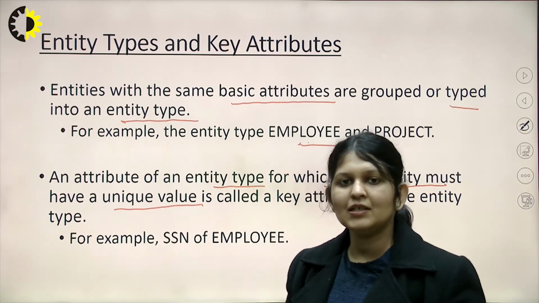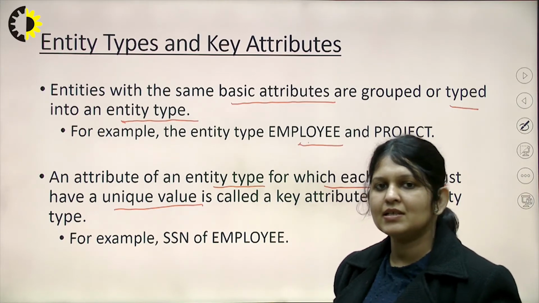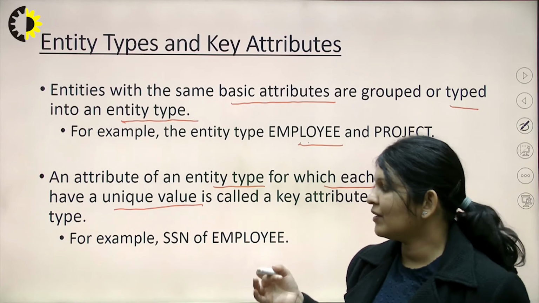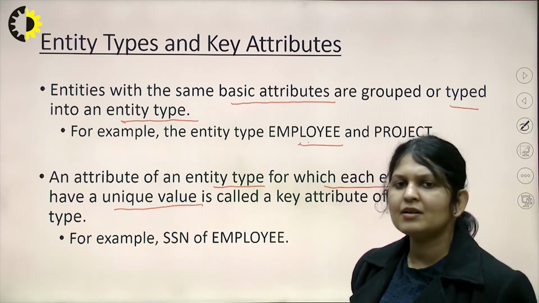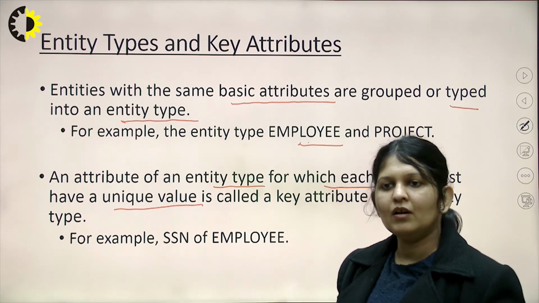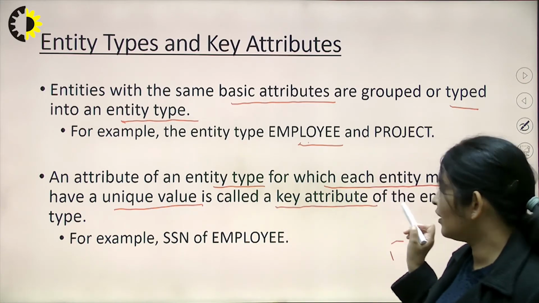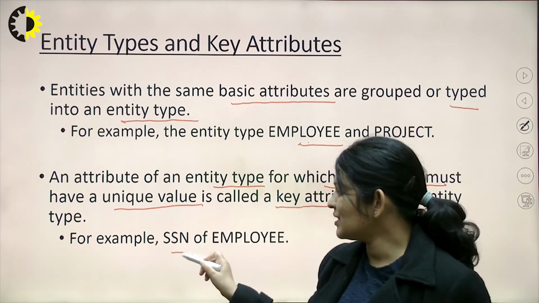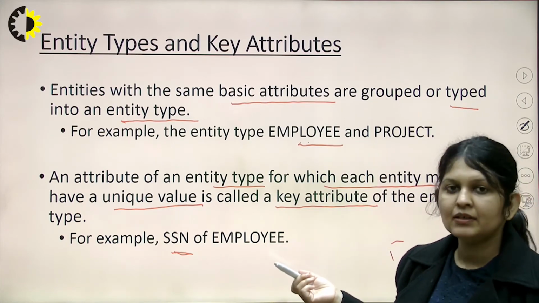Now within the entity type, I want to differentiate among various instances of the employees. So they would have certain attributes which are unique to them to identify them. For example, employee ID would uniquely identify all the employees within an organization. So this is called the key attribute of the entity type. So here SSN, that is the social security number of the employee, can be the key attribute.